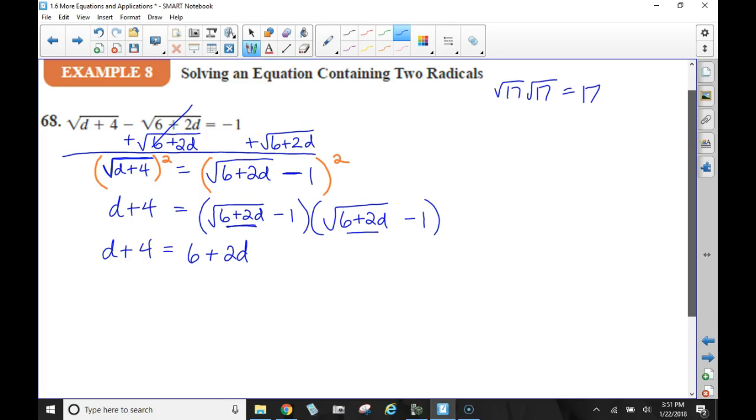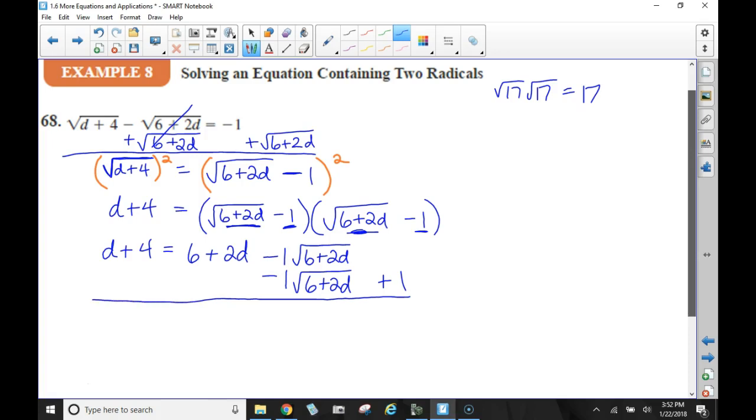Now when I multiply outer times outer, that's going to give me a -1 times the square root of 6 plus 2d. You don't have to write the -1 there, but I'm going to. Now when I do inner times inner, that's another -1 times the square root of 6 plus 2d. I like to line up my like radicals, which is the reason I wrote it that way. And then last times last, -1 times -1 is a +1.